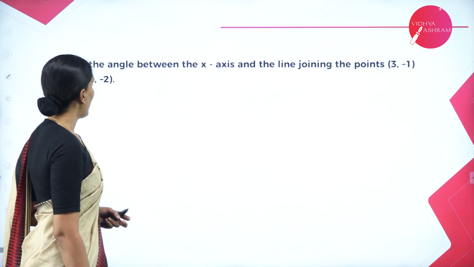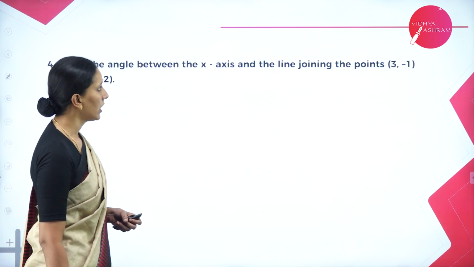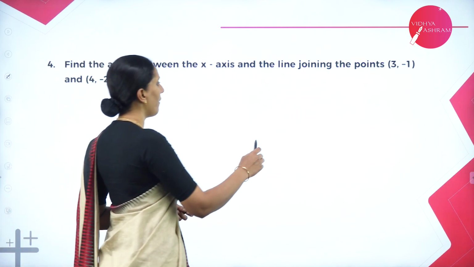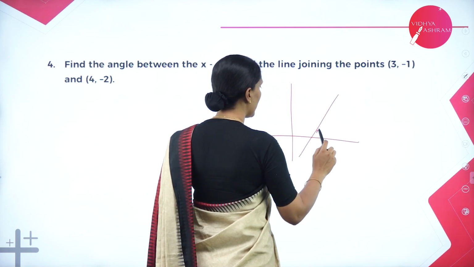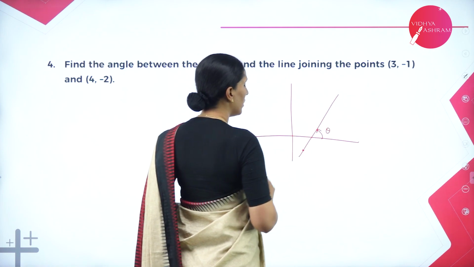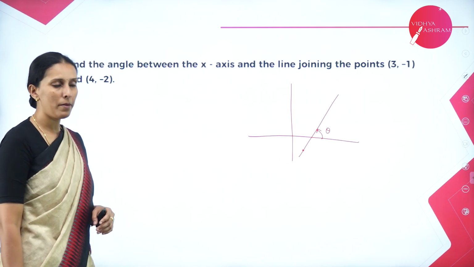Next one: find the angle between the x-axis and the line joining the points (3, minus 1) and (4, minus 2). So we have to find the angle theta of the line passing through 2 points: one is (3, minus 1) and another one is (4, minus 2).